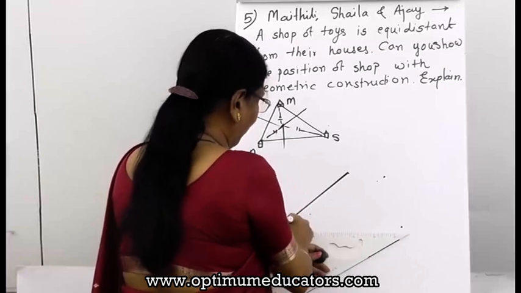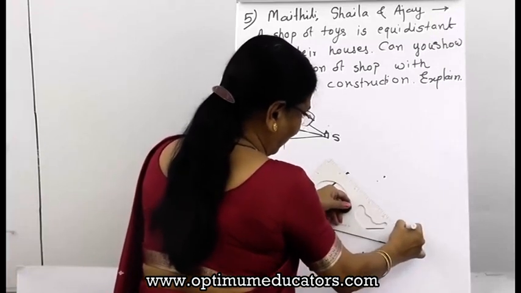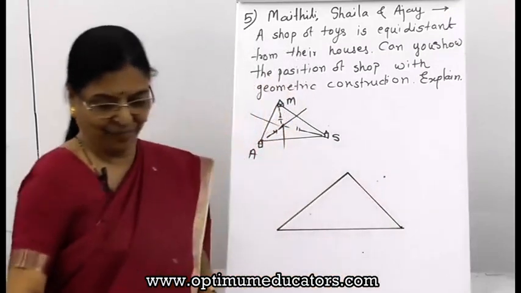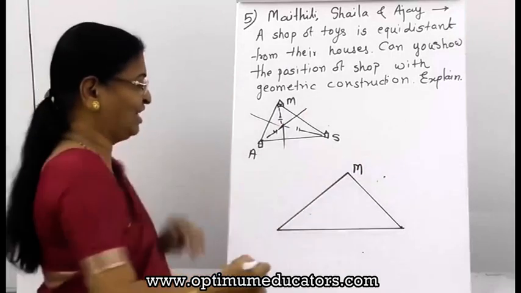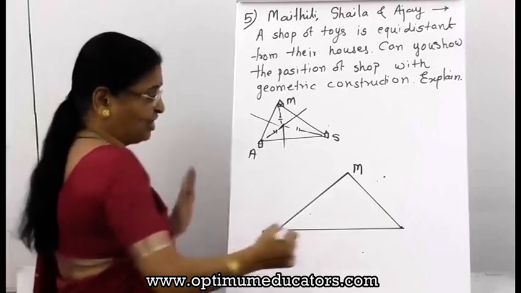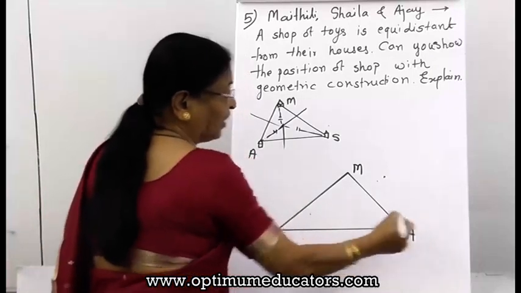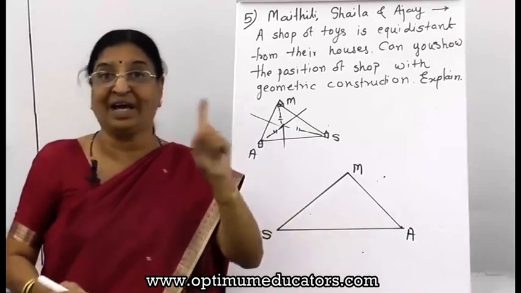This is your rough figure for your imagination. Now actually draw the triangle, saying that M for Maithili's house is here, then S for Shaila's house is here, and A for Ajay's. And you want a point which is equidistant from the vertices.